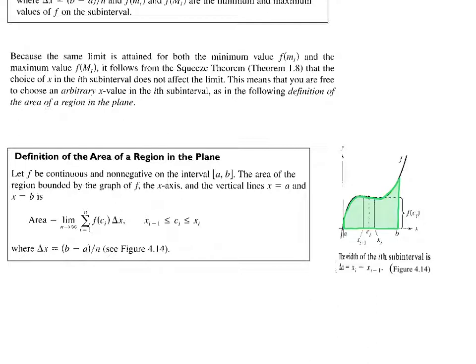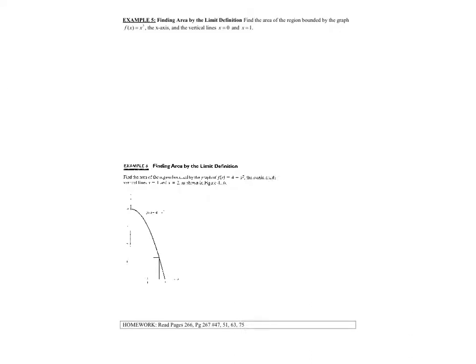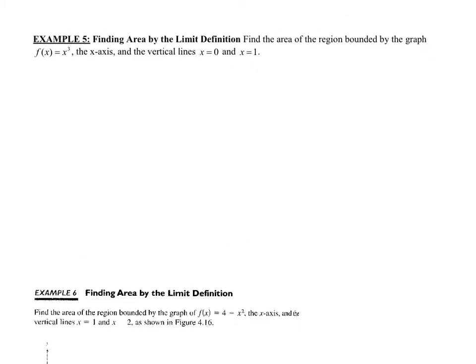Now, I know this is kind of theoretical here, but it becomes practical as we try some. So let's talk about finding the area by definition, finding the area by the limit definition.